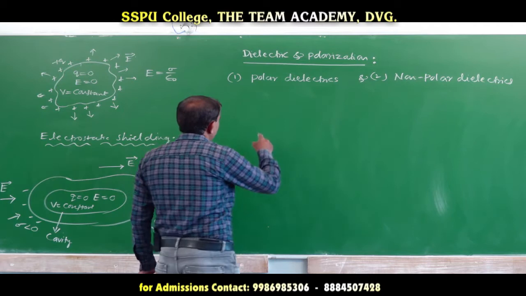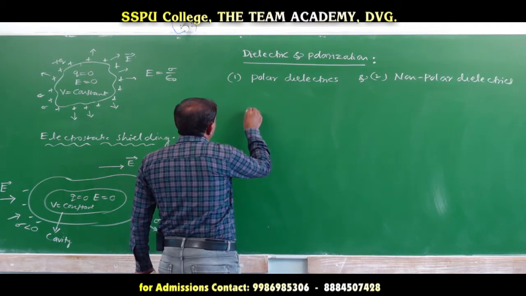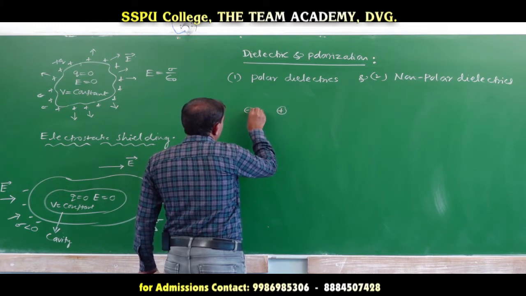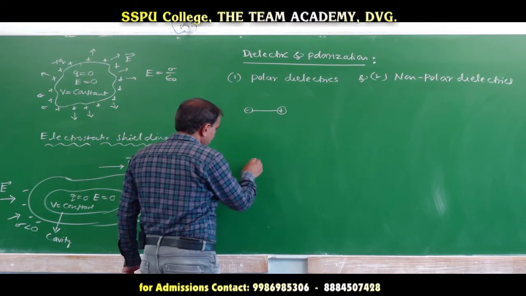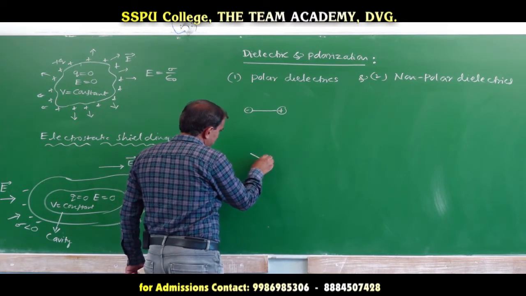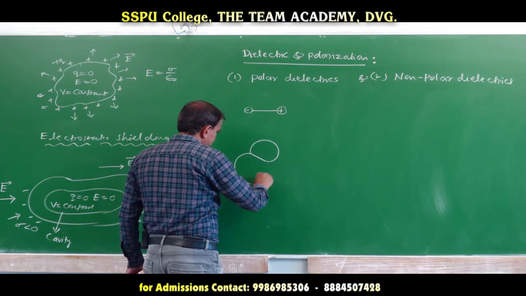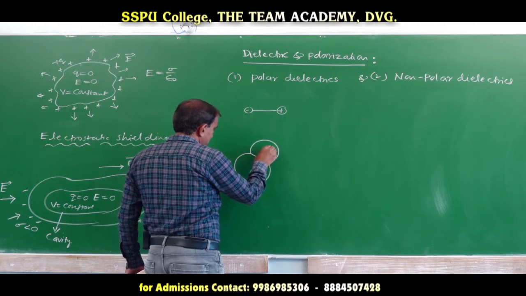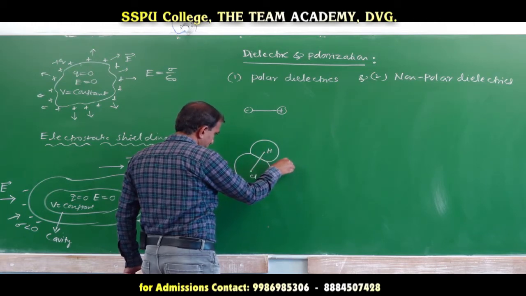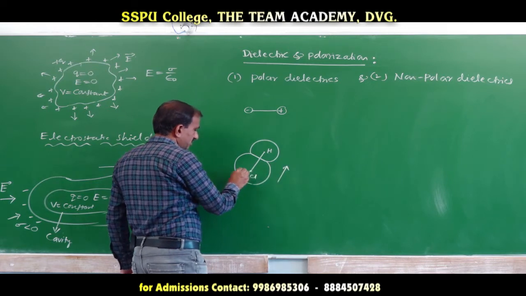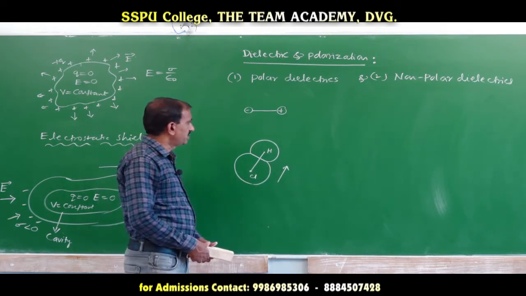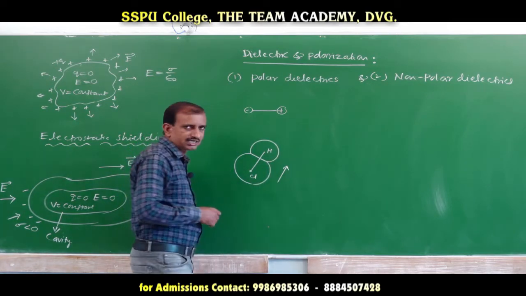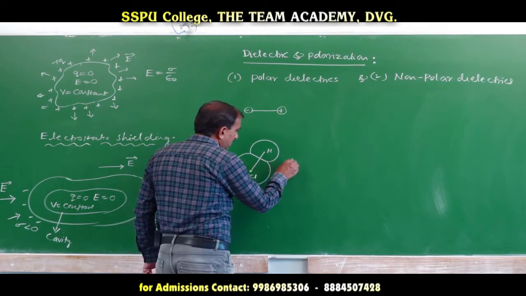In case of polar molecules, the centers of negative charges and the center of positive charges do not coincide with each other. For example, in case of HCl, this is H and this is Cl. The center of negative charge and the center of positive charge are separated by a small distance. Since there is a small distance between the negative charge and the positive charge, these polar dielectric molecules possess a permanent electric dipole moment.